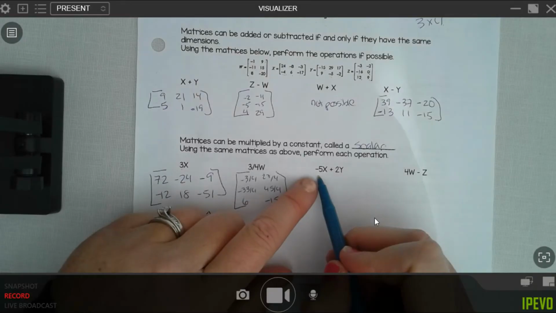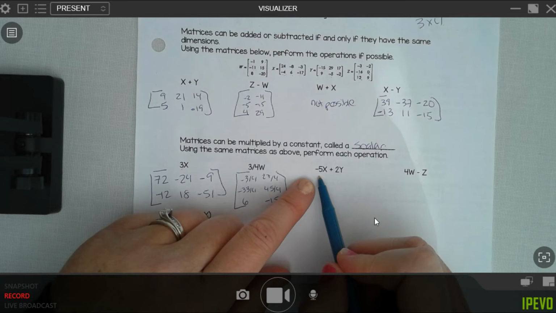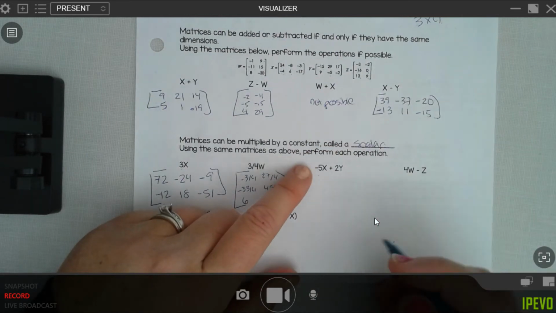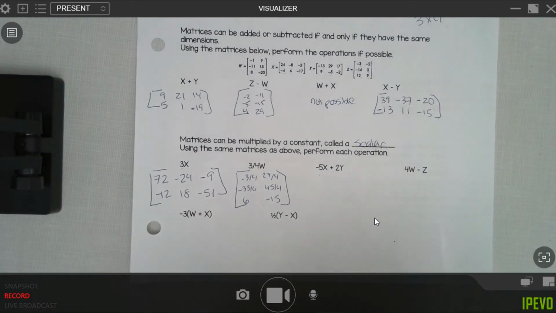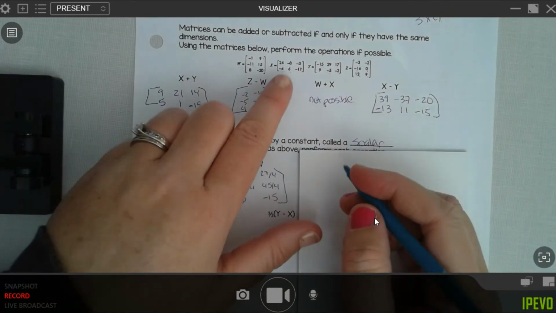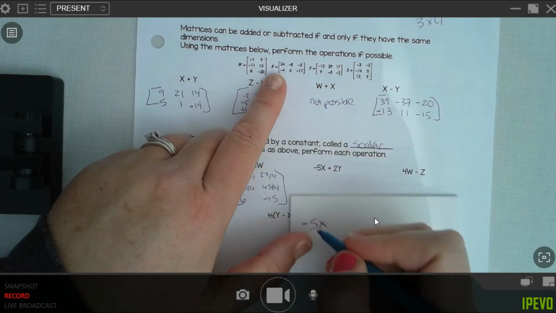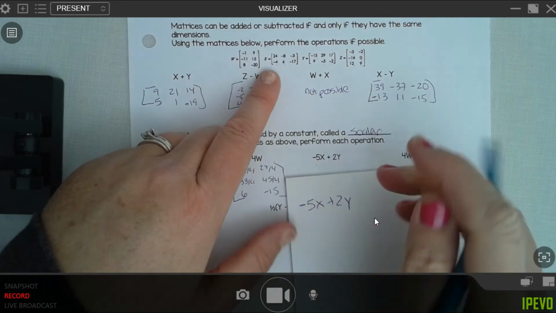So if we're going to do this one here, you would need to do negative 5 times x first, and then you're going to add 2 times my y. So let me grab another sheet of paper real quick so I don't mess it up. So negative 5 times my x is what you've got to do first, and then plus 2 times my y.